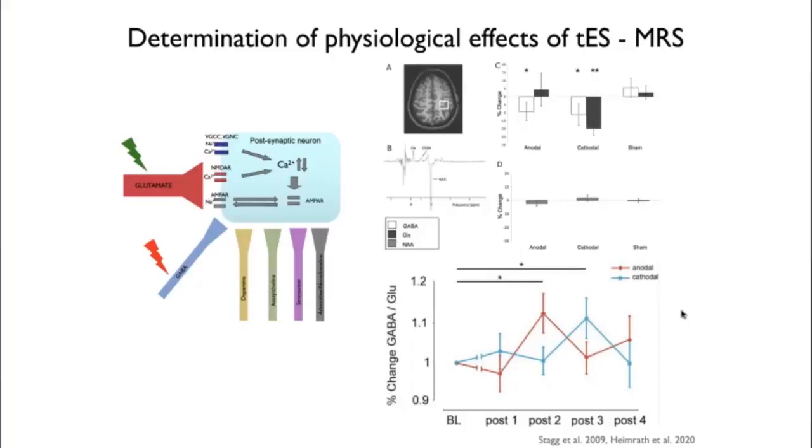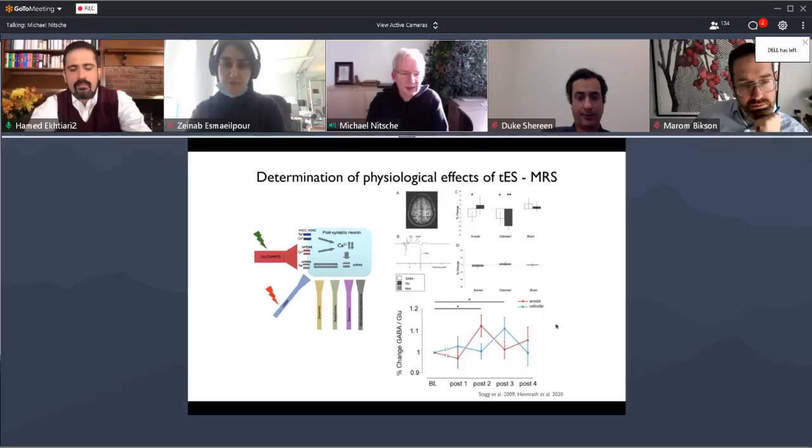And a more direct measure of alterations of neuronal activity and of the contribution of neurotransmitters to these effects can be obtained with magnetic resonance spectroscopy. So we know that with TDCS we induce plasticity of glutamatergic synapses, and that GABA is also contributing.